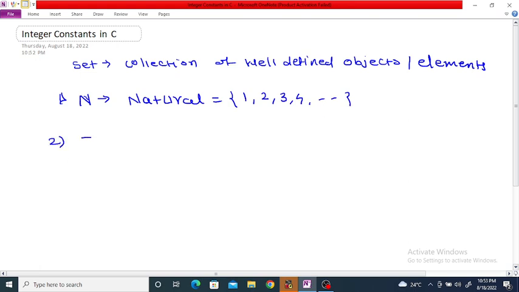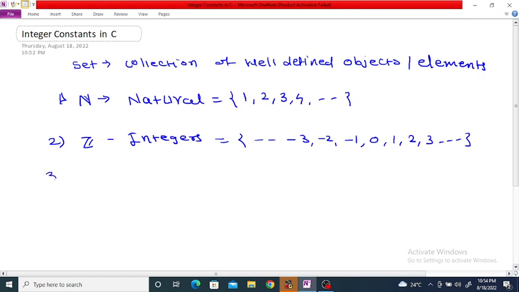Next, the set of integers, and it contains the elements -3, -2, -1, 0, 1, 2, 3. Next, the set of rational numbers.